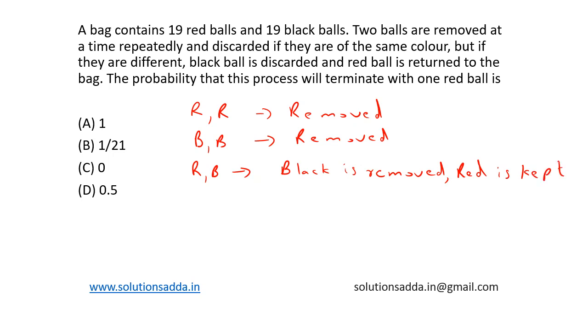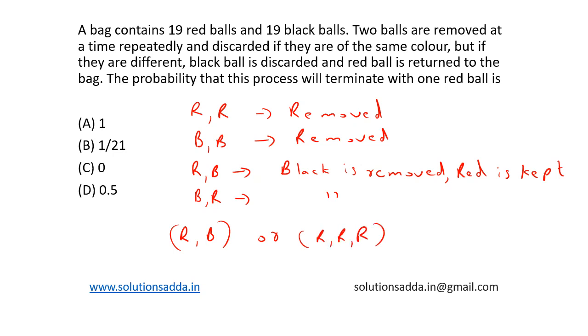Similarly for black and red, the same situation happens. So what happens in the second last trial? The final contents of the bag would either be red and black, or red, red and red.